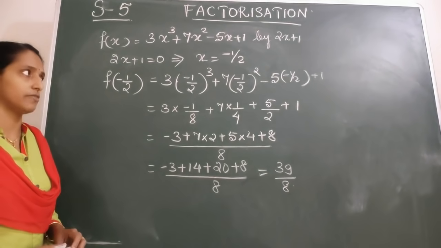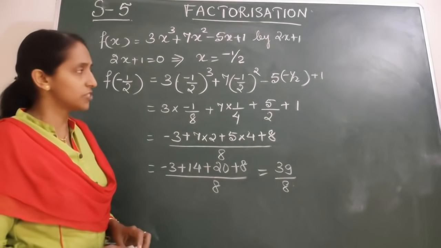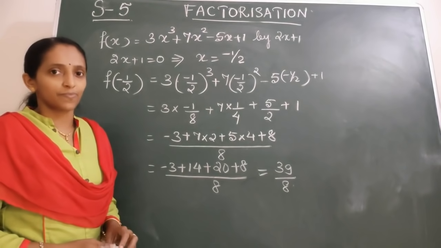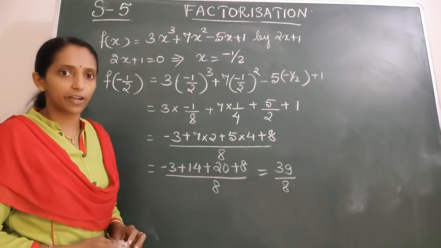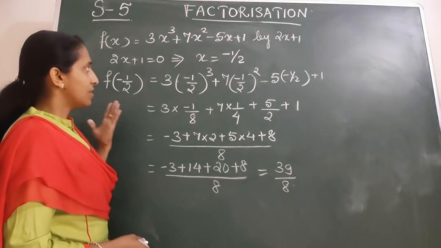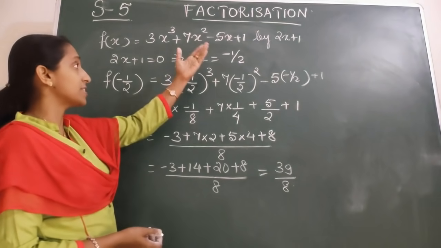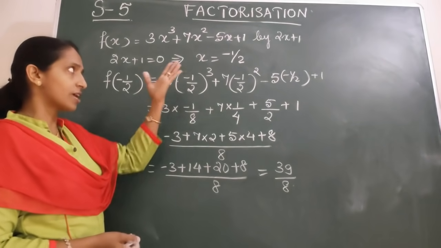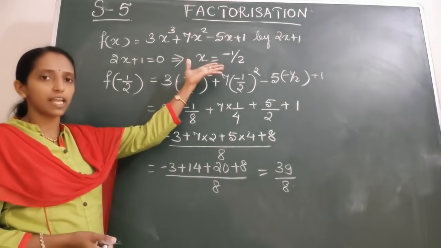Without the actual division, find the remainder. Did you understand? Hope you got it. Without the actual division, find the remainder means you will equate the given term to zero. It does not imply that this will be a factor. We are going to check whether it is a factor. If a remainder comes, it means it's not a factor.